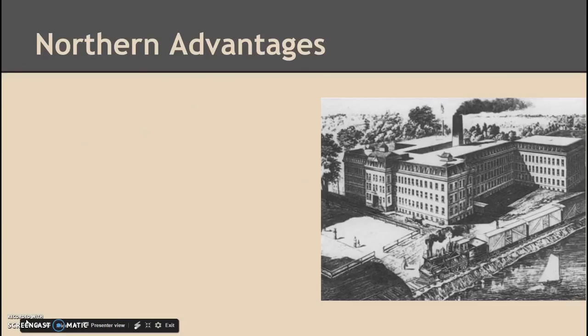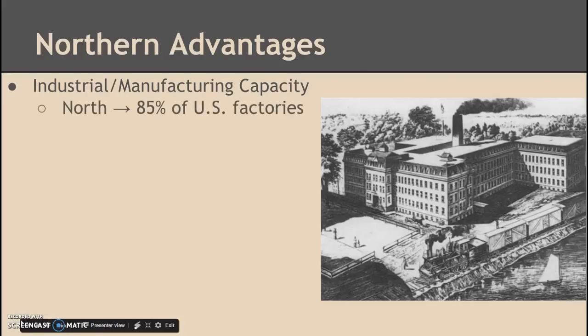So we're going to have some advantages and disadvantages. I know we did some of this in class, but it never hurts to have a bit of a refresher. We're going to have to mobilize our resources for war. The North, of course, had the most industrial and manufacturing capacity, with 85% of factories on northern soil.